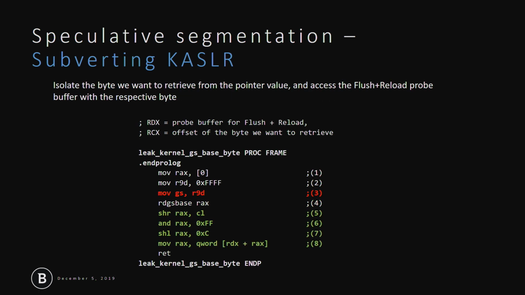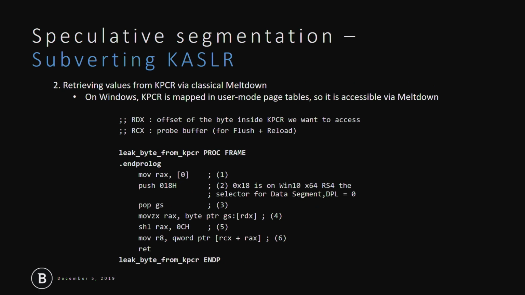Next, lines 5 to 8 represent the classical flush and reload side channel. We won't go into details. Using the same approach, the same pattern, we can leak direct values from KPCR, thus leaking pointers from inside the NT-OS kernel.